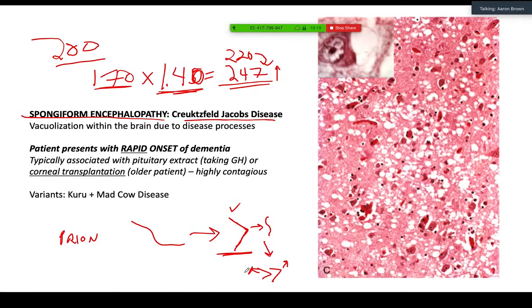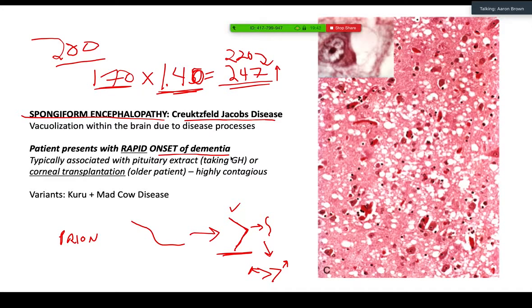In Creutzfeldt-Jakob disease, we see a rapid change and rapid onset of dementia. I'm talking over a course of maybe 3 months, with someone's personality changing, becoming more hostile, not remembering things.